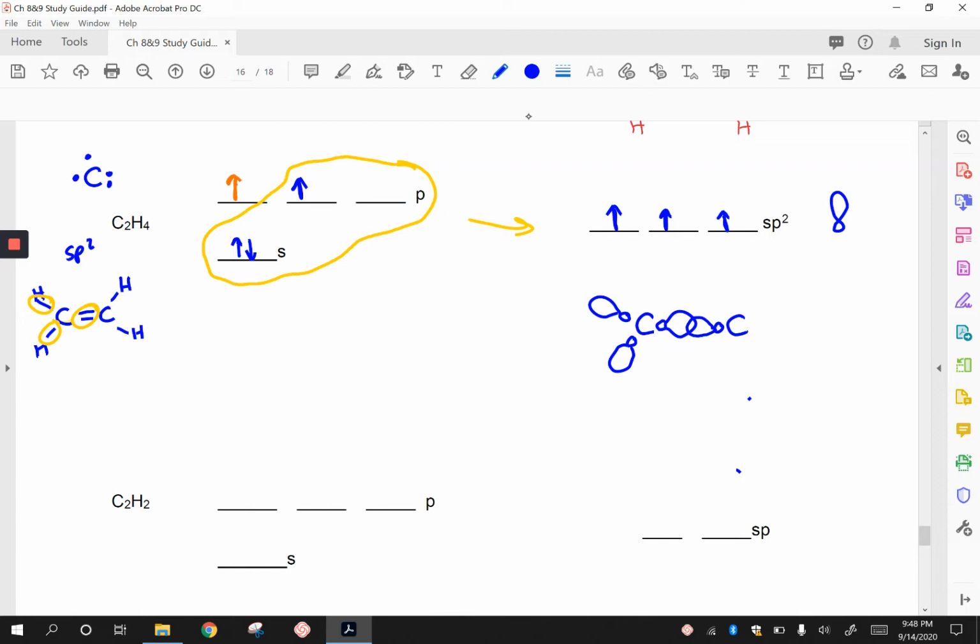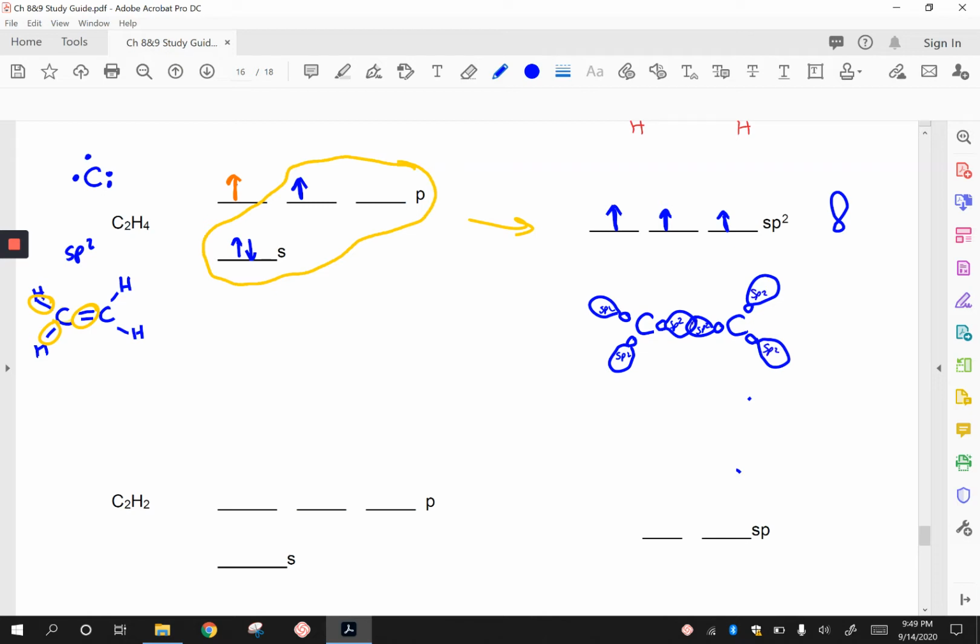So here's 1. Here's 1. And here's 1. And I'm going to go ahead and label those as sp2 orbitals. Each of those is an sp2 orbital. So this carbon has 3 sp2 orbitals, and this carbon has also 3 sp2 orbitals.